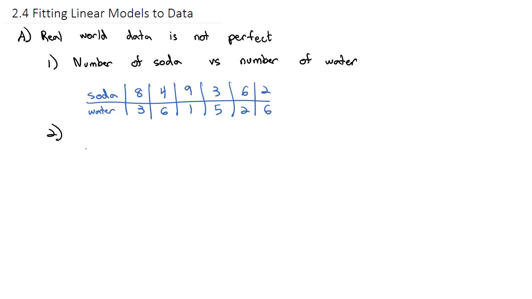Well, to help visualize what these numbers are doing, because they're kind of random right now, we can build what's called a scatter plot, where we're going to graph each of these points.